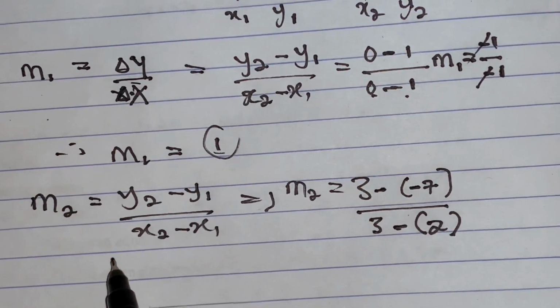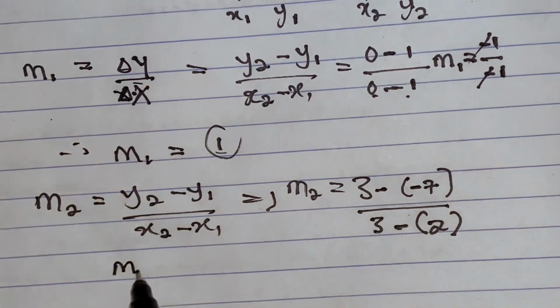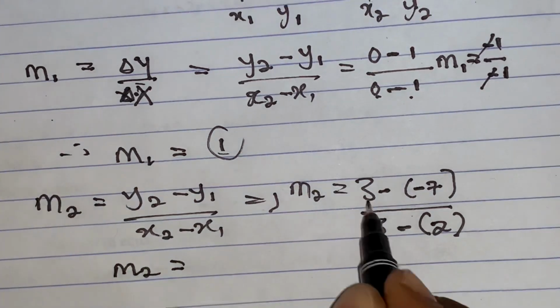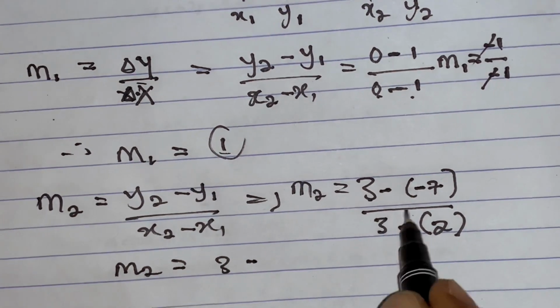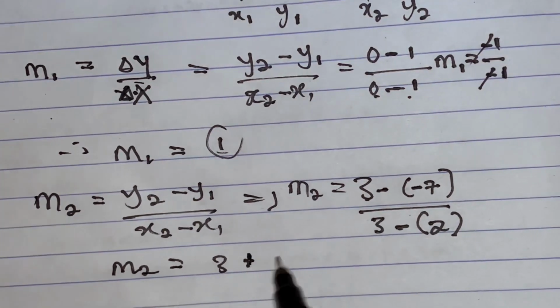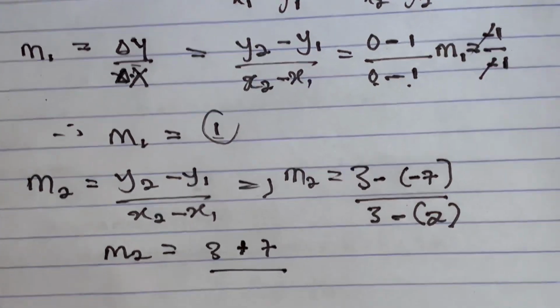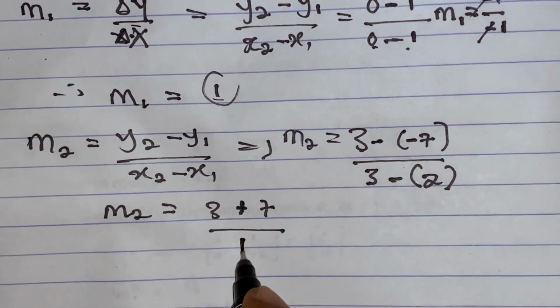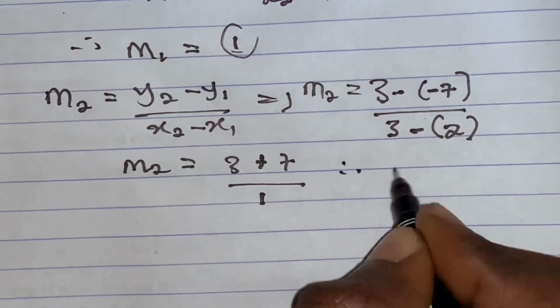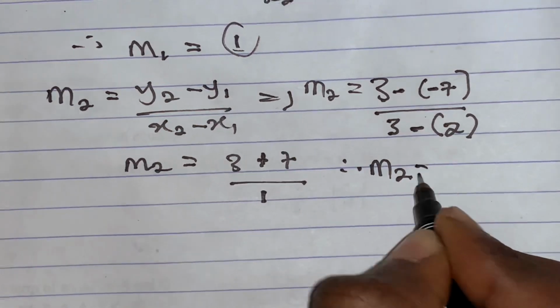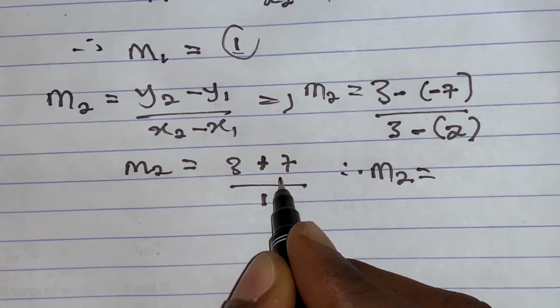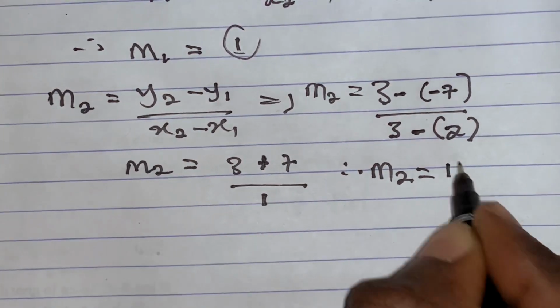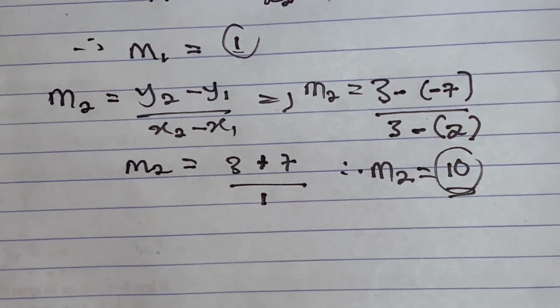So here we have m2 equals 3 minus 7, which is minus 4, divided by 3 minus 2, that is 1. Therefore, m2 equals minus 4. So this is our m2.